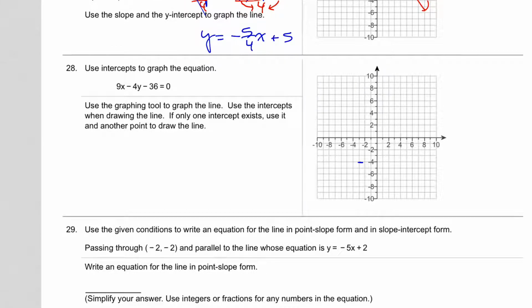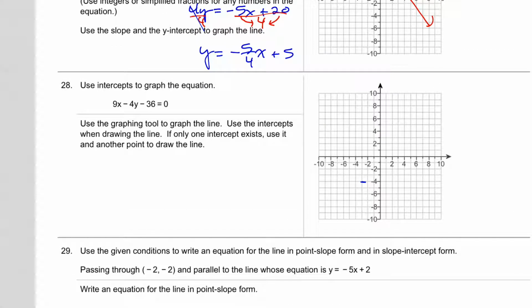Number 28 says use intercepts to graph the equation. Okay, so remember, when you see it like this, with the x and the y term on the same side, you want to go ahead and find the x and y intercept.